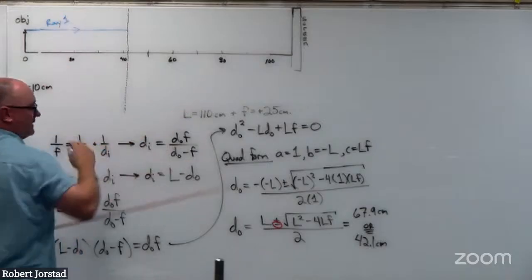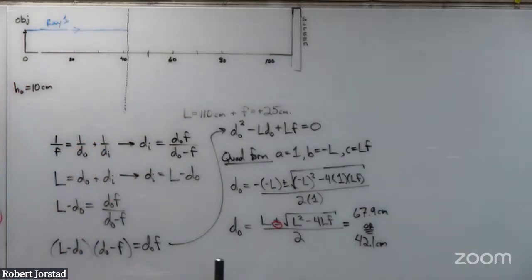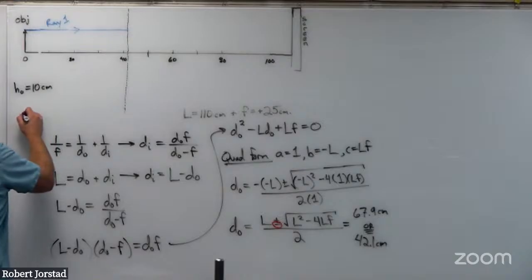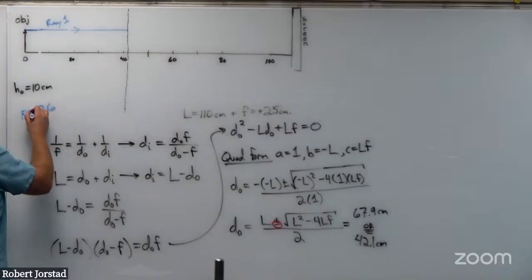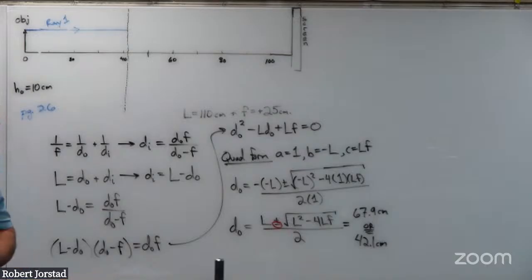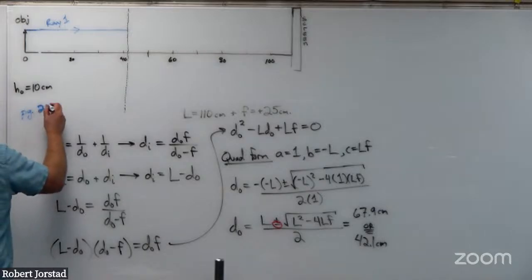If you don't know where these are, I'm following from page 26. Page 26 has all the ray names and conventions. Is that showing up? It's a little crappy. Let's try a different blue. Looks a little better.